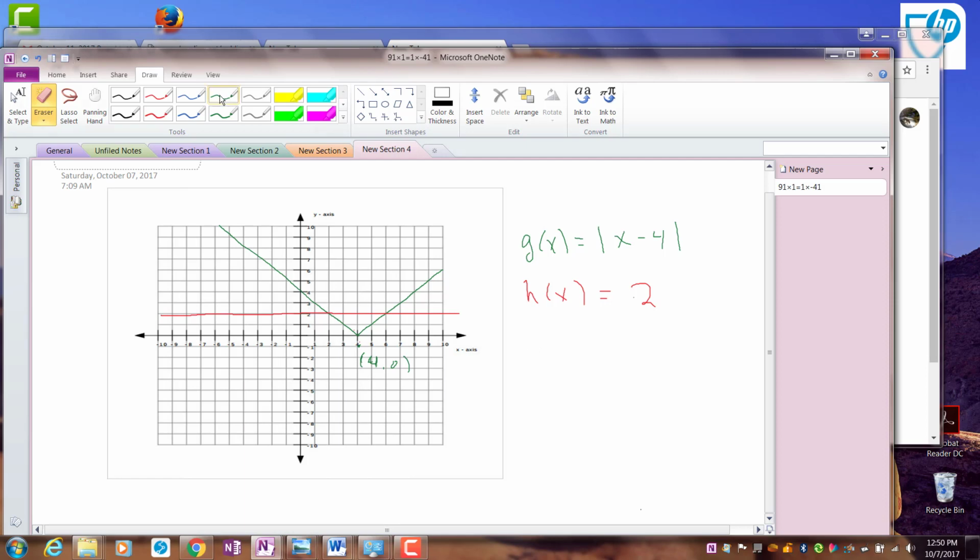The question I'm asking is, for which values of x does g of x equal h of x? Well, we can see visually that it's hitting right there at 6 comma 2, and it also has another intersection point right there at 2 comma 2. Well, let's prove that algebraically.